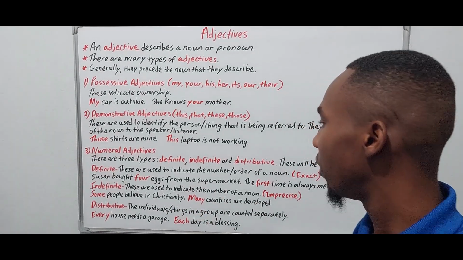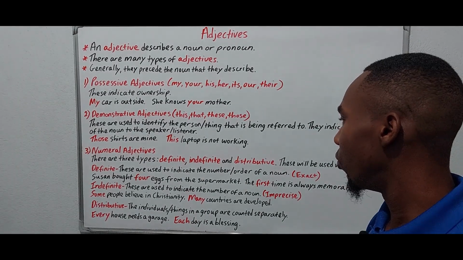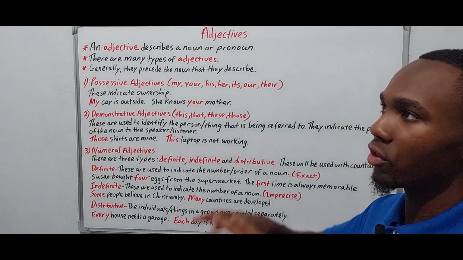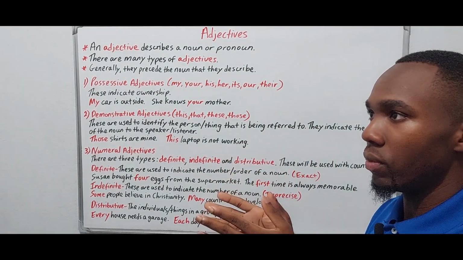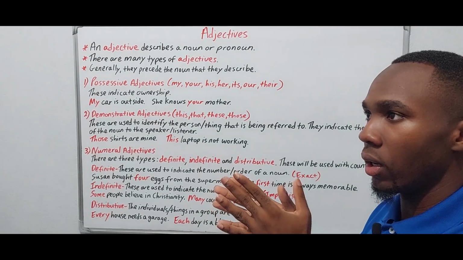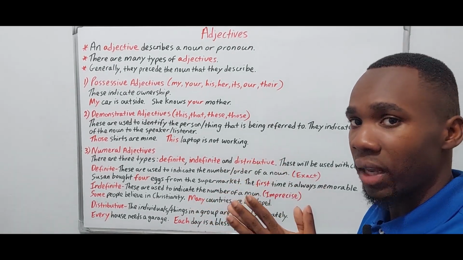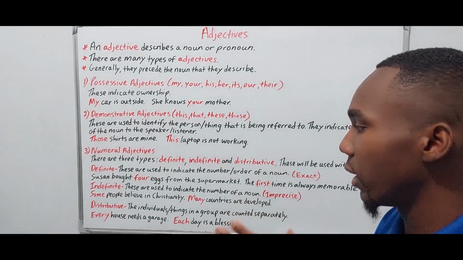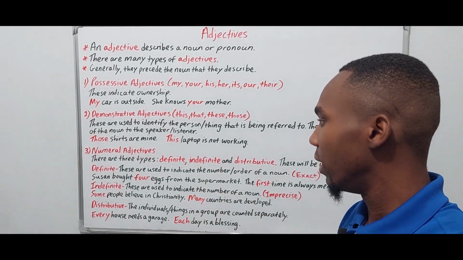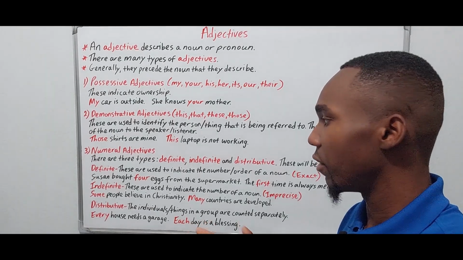Distributive. The individuals or things in a group are counted separately. So we have a group, but the members of that group will be counted separately or individually. This is what we call distributive, okay? So every house needs a garage. Every house.